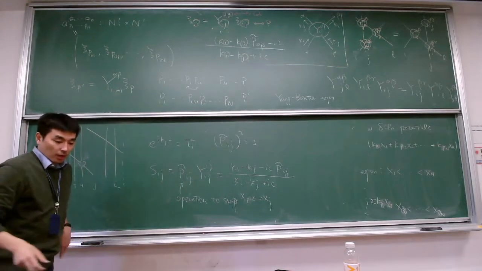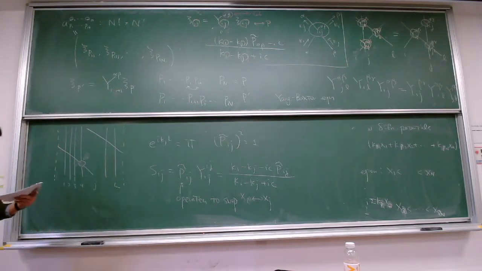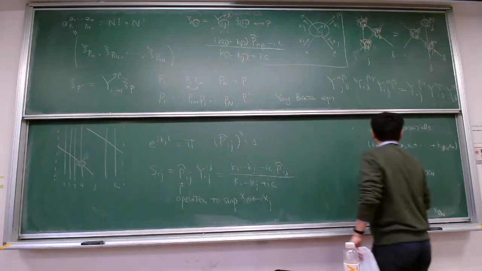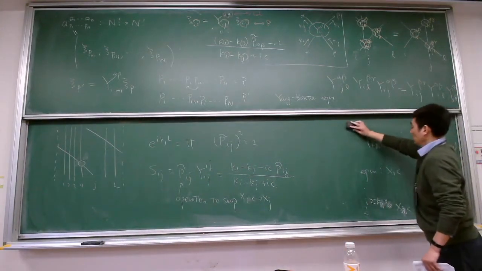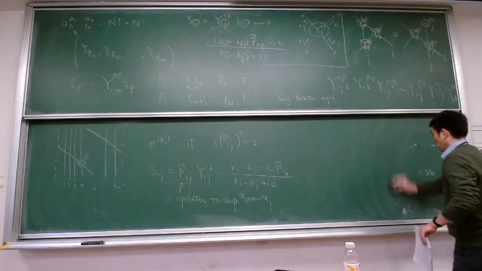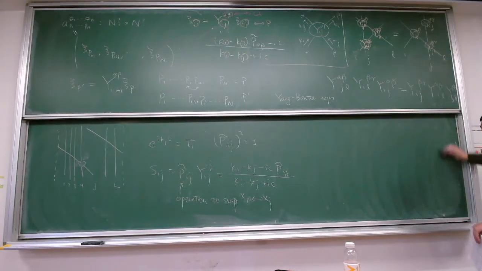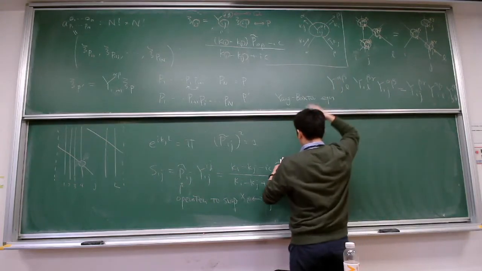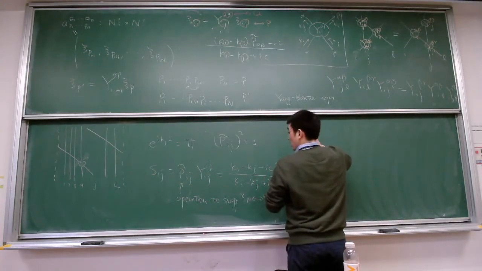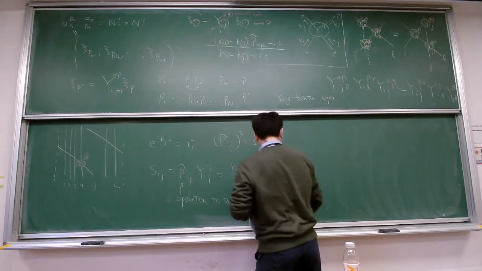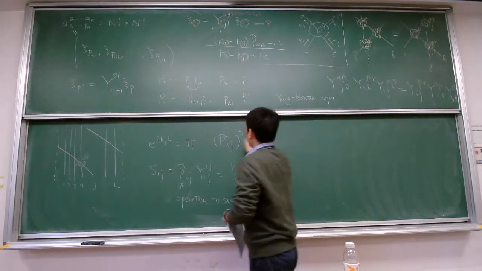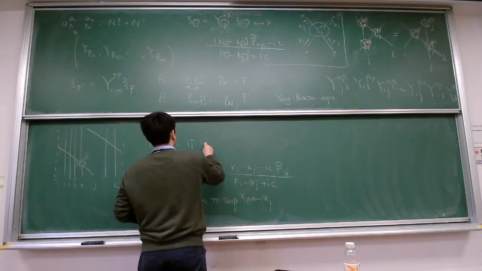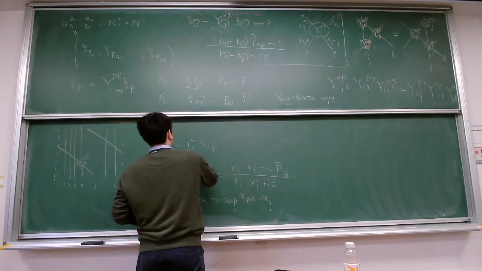So then you get this one. And now the Bethe equation becomes e^{ik_j L}, and now we can use here. The Bethe equation becomes S_ij for i not equal to j.